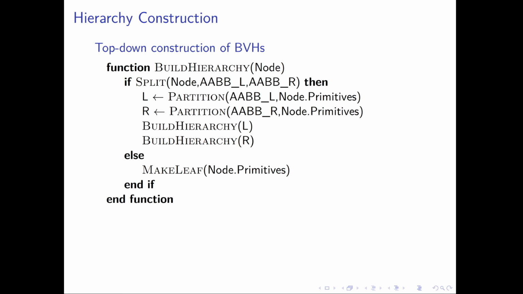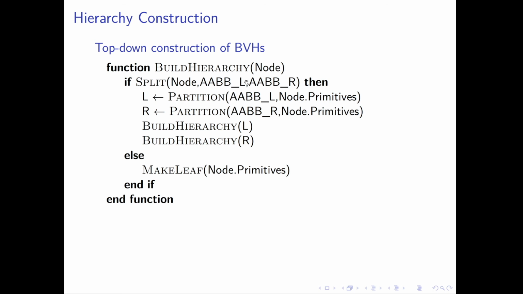Here we also usually use a heuristic, and quite often we use the longest side of the AABB and just split along that side. This is the first heuristic that we use. Along that axis we have a left and a right, or an upper and lower, or a front and back bounding box, but here I'm just commonly referring to them as left and right. The split function will tell us the two bounding boxes.